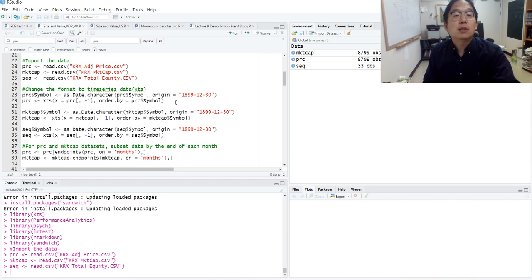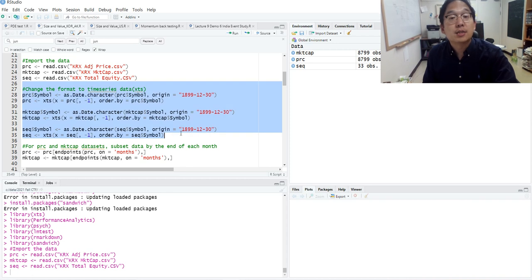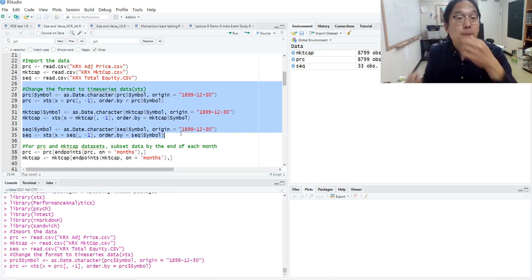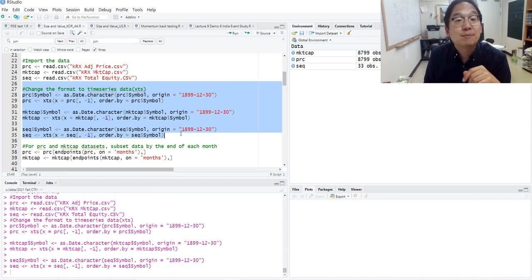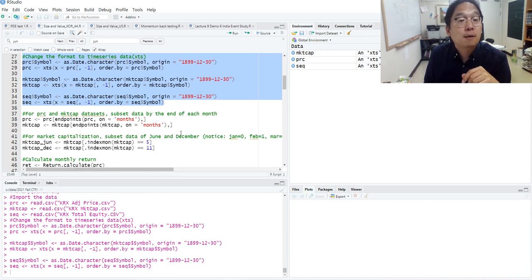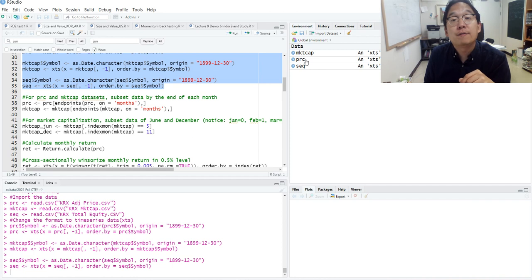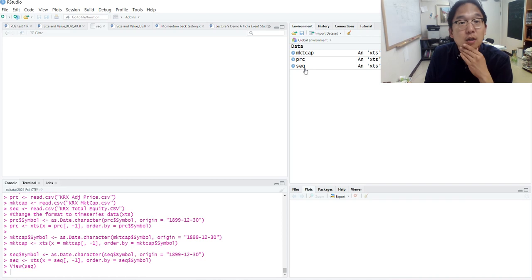And those things are done by this, all right? Change the format, time date, right? And then we now have 3 data sets, which is PRC, stock price data, market cap data, and then shareholders equity data. Let's open SEQ data just to see how it looks like.